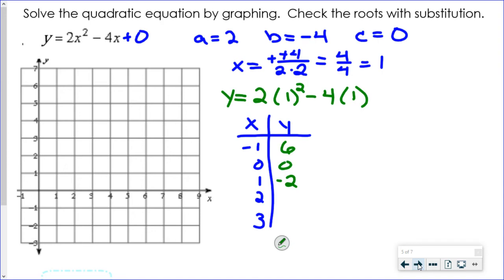Okay. 2 times 2 squared minus 4 times 2. And finally, times 3 and times 3. So you might want to check that in your calculator. And again, -1, 6, 0, 0, 1, -2, 2, 0, and 3, 6.